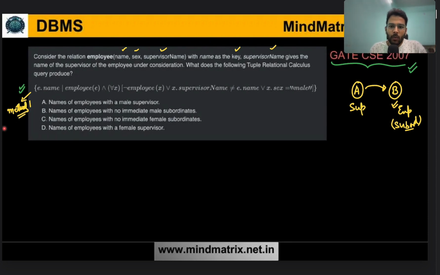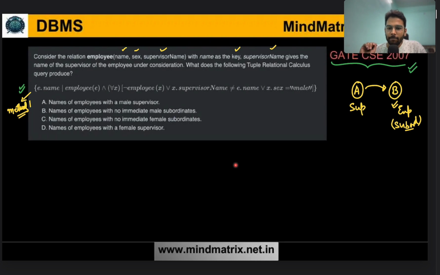Correct? Now carefully see this. Now let's try to read this query, what it is saying. E dot name followed by employee of e, that means e belongs to employee, and for all x, not of employee of x, or x dot supervisor name not equal to e dot name, or x dot sex is equal to male. If you are reading this query as it is, I can bet that you won't be able to understand, you won't be able to find any meaning out of it.